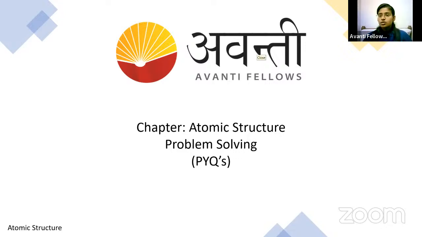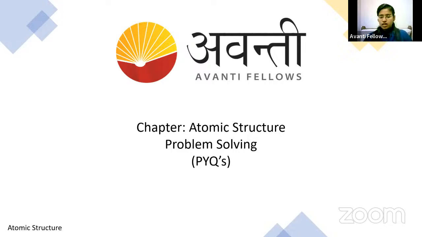Fine. So today, let's start our session. Today we are going to discuss the chapter called atomic structure. I have taken some previous years NEET and JEE questions from this lesson, and today we'll solve some of them.